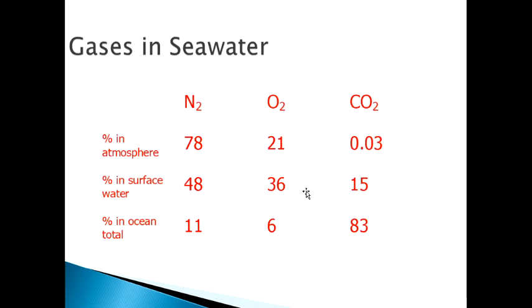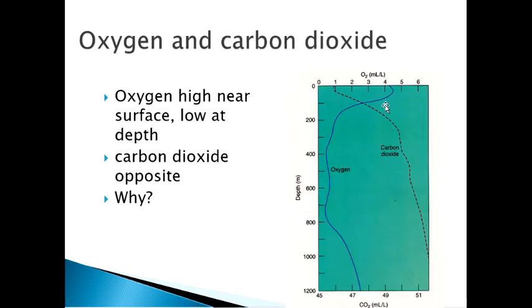Near the surface of the ocean, there's more oxygen than there is carbon dioxide. Well, that's going to change. As you go down in depth, there's a point, a little bit around 100 meters or so, where the amount of oxygen and carbon dioxide basically flip-flop, and we get more and more carbon dioxide with depth, and we get less and less oxygen with depth.